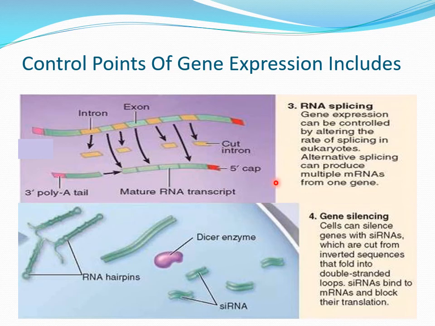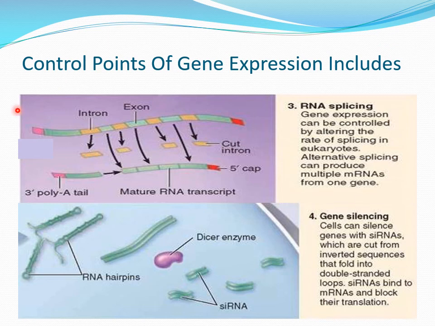In eukaryotes, this RNA is the heterogeneous RNA involving both the coding and the non-coding sequences, the exons and the introns. What we intend is that all the coding sequences together form the messenger RNA or the RNA transcript that will be translated into the protein later on in the cytoplasm.